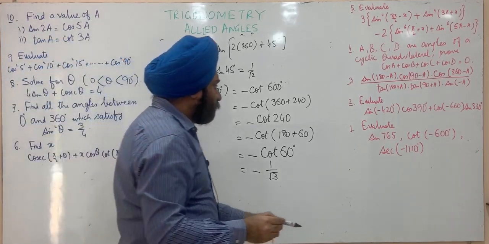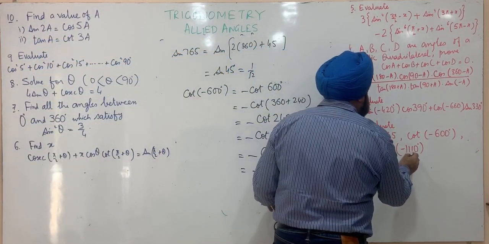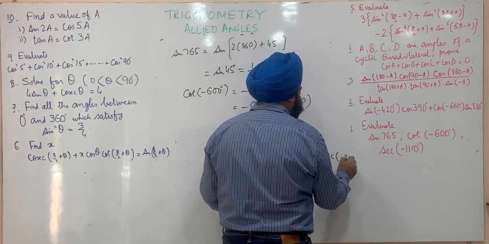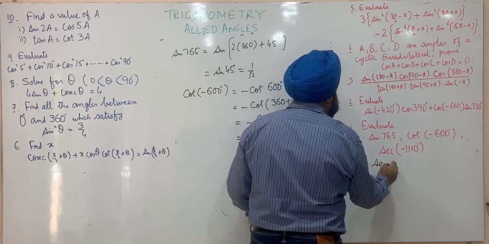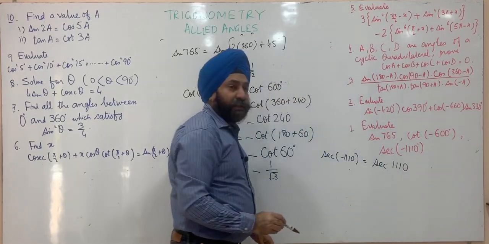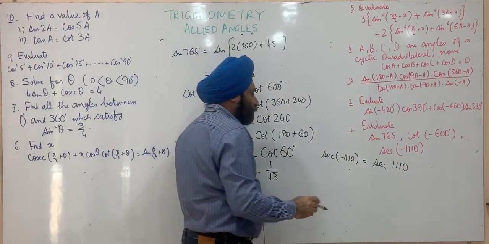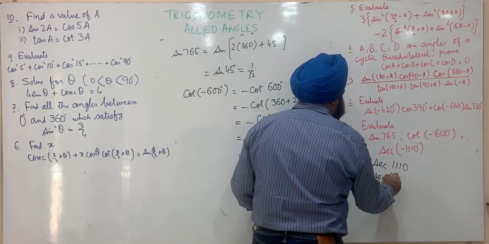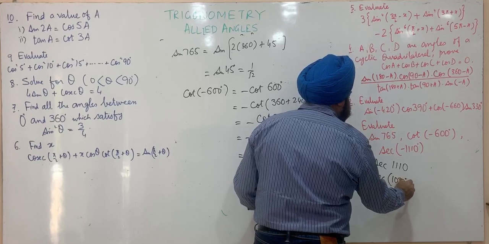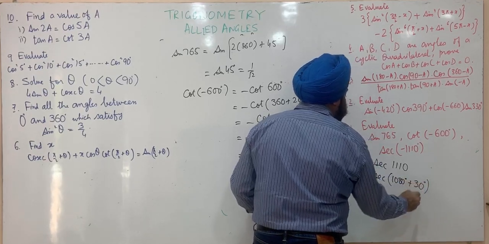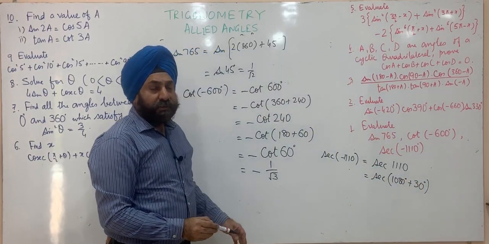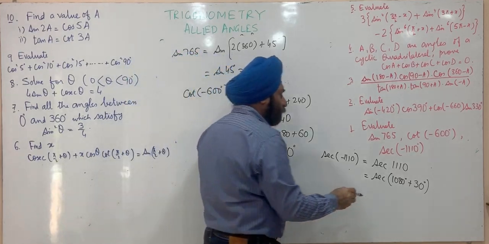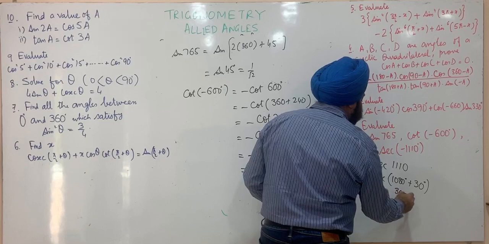Next, secant of minus 1110. This is secant of 1110. Fourth quadrant, secant is positive. This is secant of 1080 plus 30 degrees. 1080 is an integral multiple of 360 degrees, it's 360 into 3.